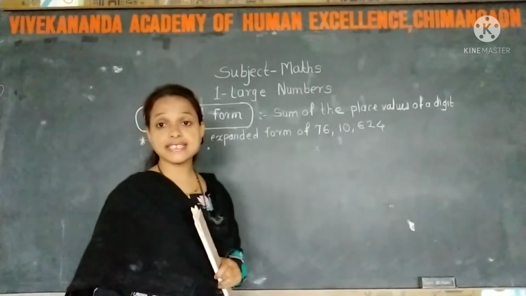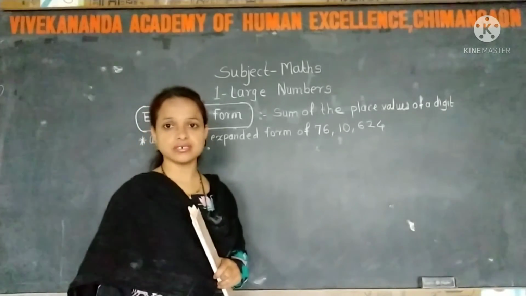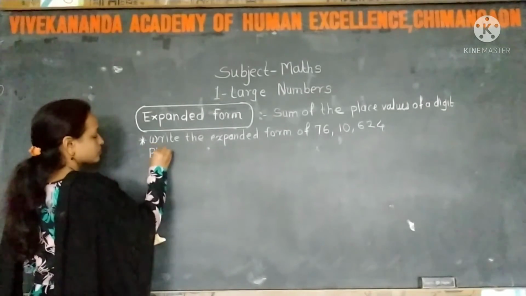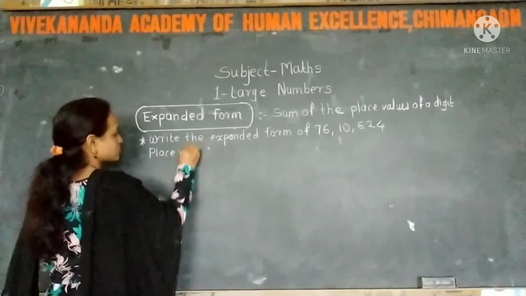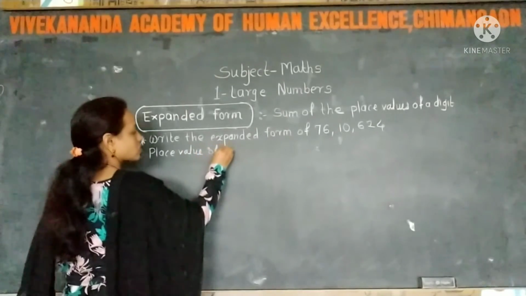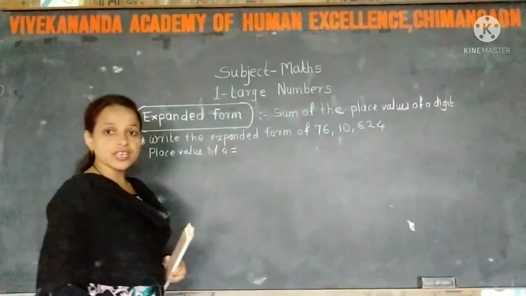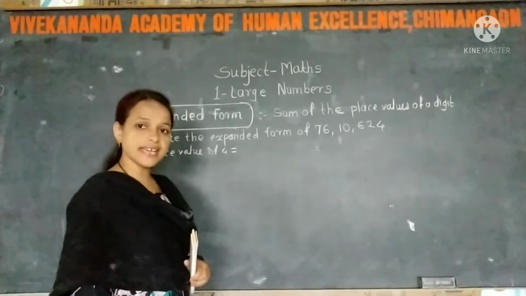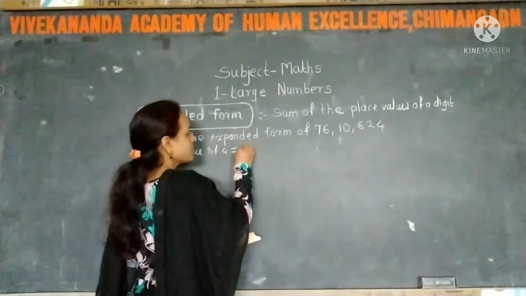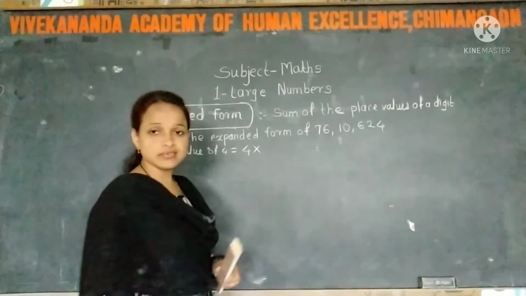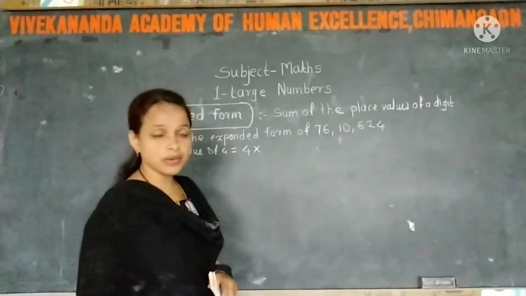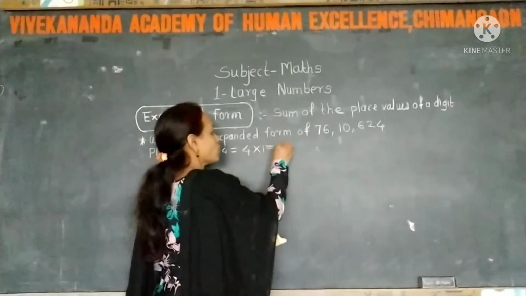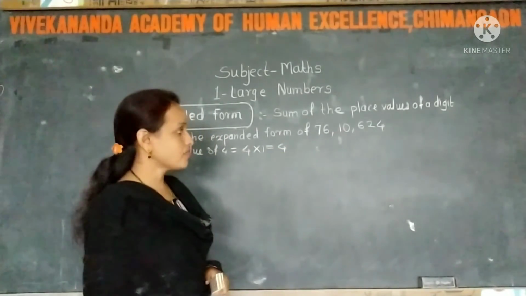Digit 4 is at the ones place. Place value of 4 is equal to the face value of the digit times the value of the place it occupies. Face value of 4 is 4 and the value of the place is ones, so we multiply 4 by 1, we get 4. Place value of 4 is 4.